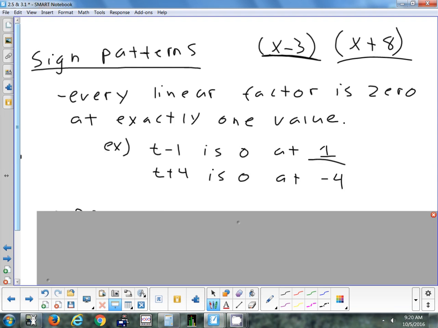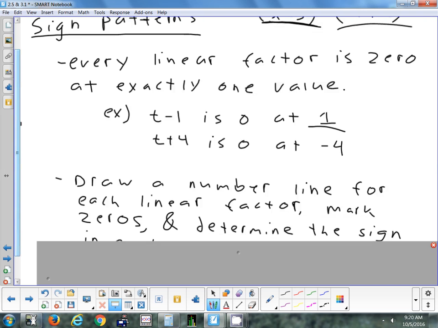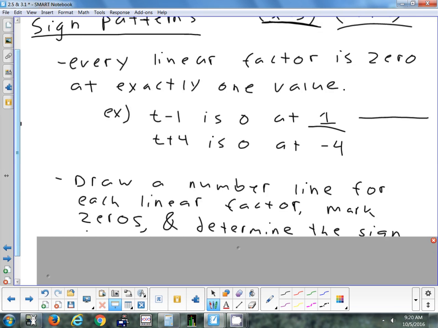So plug in numbers less than -5, I get a negative. And let's look at the second one. Less than -5 in the second one, another negative. And that means in this section, I would have negatives times negatives, which would be? This section would be positive.